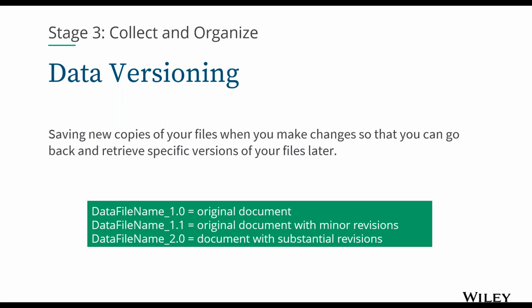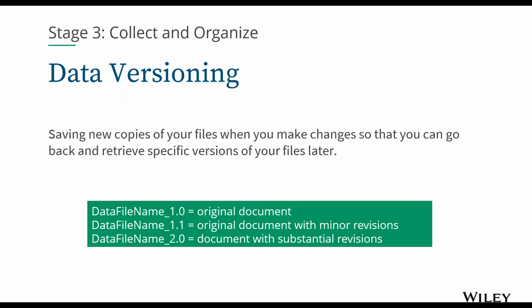Then you make some minor revisions and you call that data file name _1.1. And then maybe you make a different document with substantial revisions and changes. In that case, you would change your version number so that people know it's a distinct document from 1.0. So this is just an example of how you would keep track of your versions.